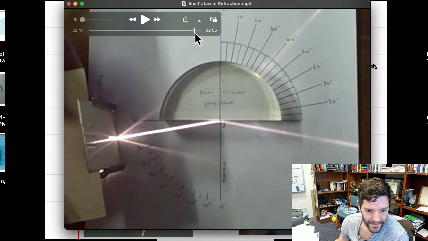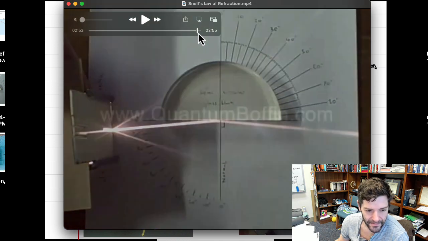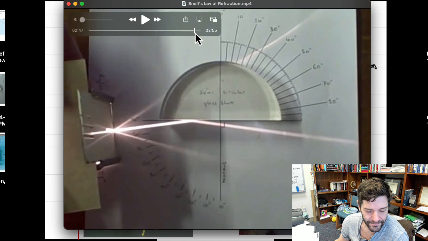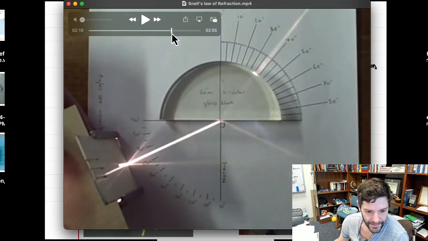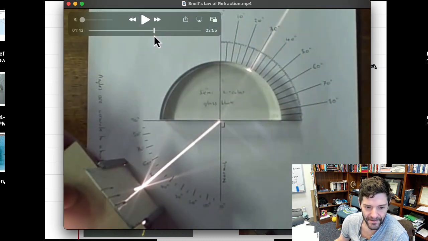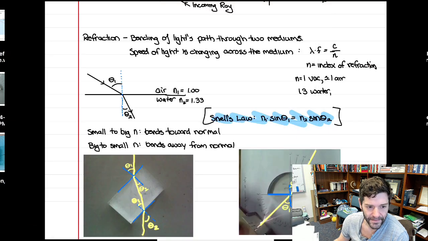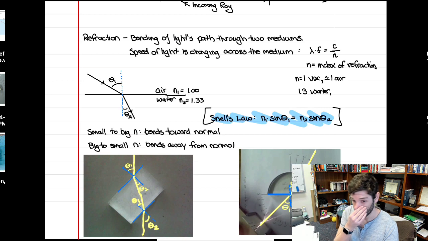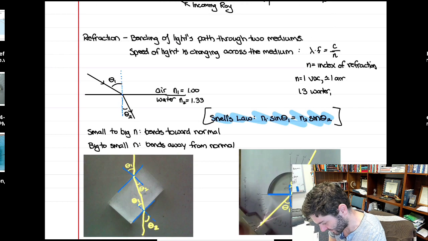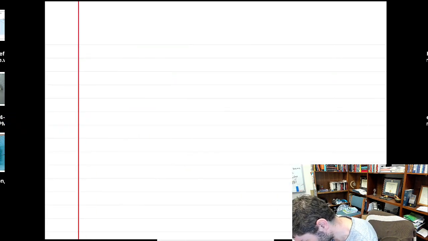But notice that more gets reflected as your angle gets larger and larger. It's kind of fun. Versus here, very little is reflected at all. Okay. Let me do a numerical example, and we're essentially done.